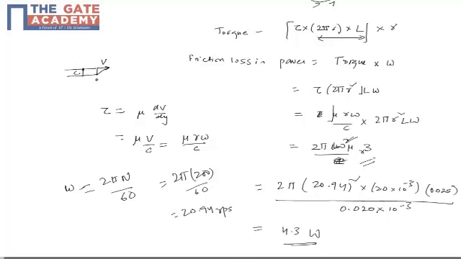So 2 pi L, where L is 100 mm, so it will be 0.1, then the speed squared, and the mu and the radius, so r cube actually. You can just substitute, but check that you are getting this formula: 2 pi L omega square mu into r cube by c.